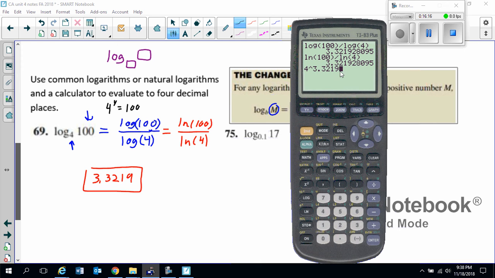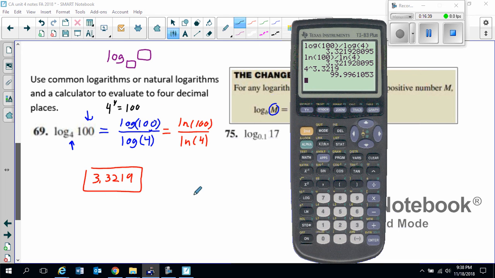It's not going to be perfect because we rounded, but it's going to be pretty close. It'll probably be like 99 or something like that. So let's see. Yep, 99.996. So if you take 4 and its exponent is 3.3219, that's going to get you pretty close to 100. So that's what we're doing here, okay?